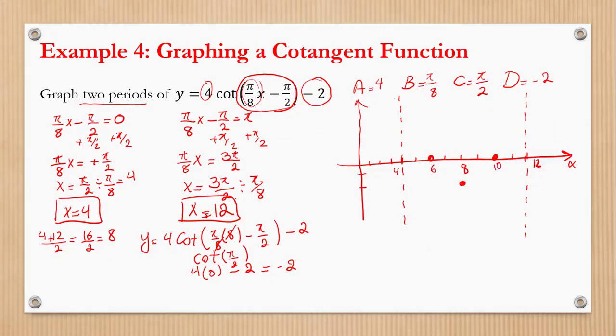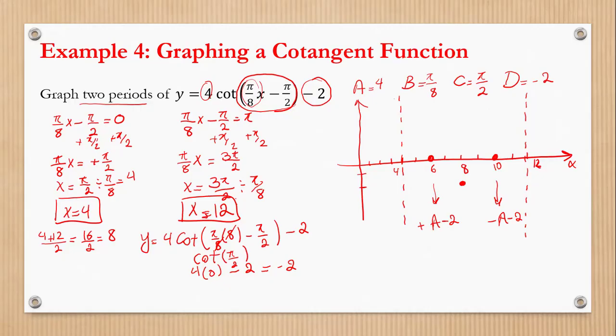And I need to find the y values of these points. So I know that the y value of this point must be positive a, and this point must be negative a, if I don't have a vertical shift. But if you have a vertical shift, you need to consider the vertical shift as well. So what is positive a minus 2? A is 4.